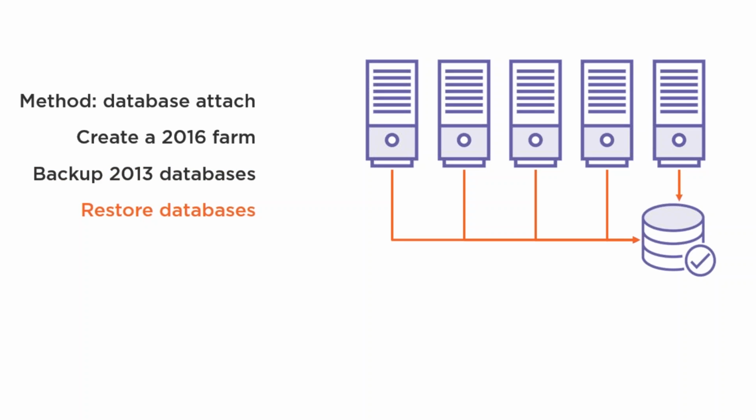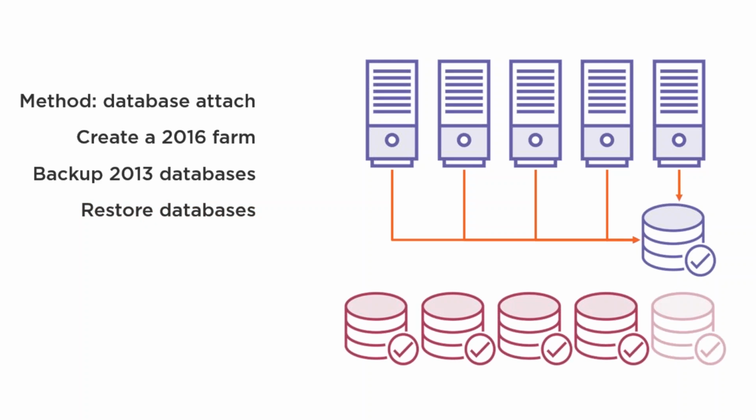Of course, if you're going to restore it to the exact same SQL server, that's where you want to be really careful about your database names, because it's super easy to overwrite existing data with those backups. So here are our fictional 5 databases that we're going to upgrade.